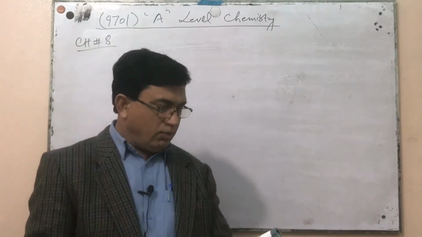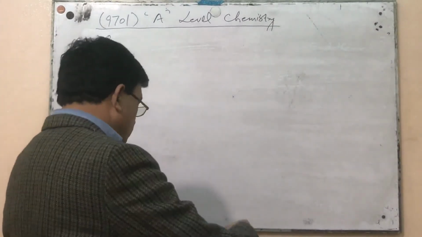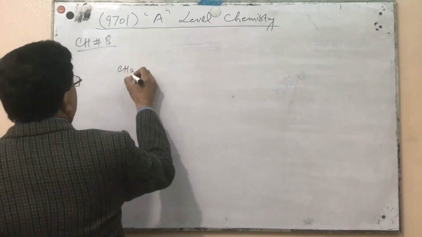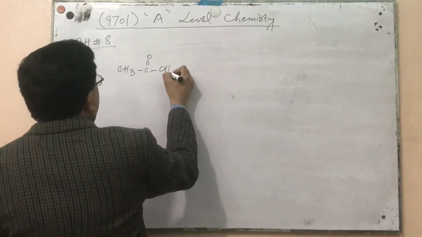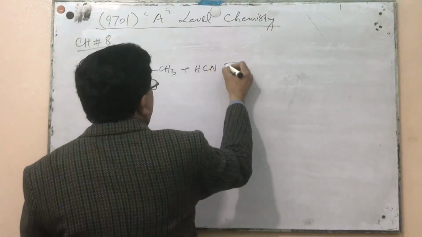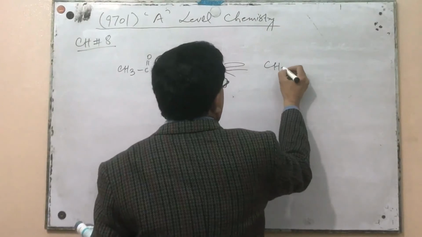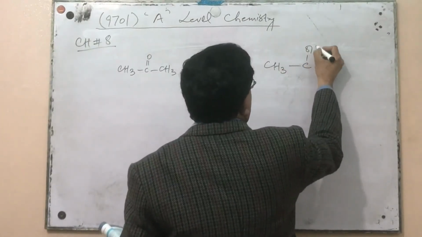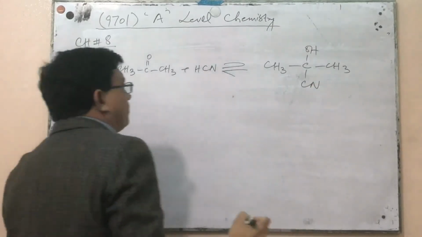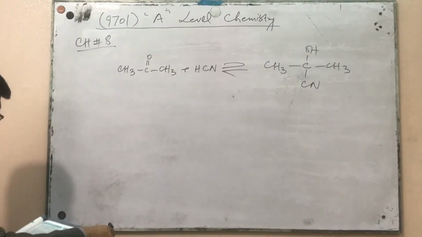For this purpose, we can solve some of the examples which are given in the resource book of O level, A level. For example, the reaction is taking place between propanone along with HCN, and equilibrium is established, and we will get CH3C(OH)(CH3)CN, propanone cyanohydrin, and this is the product.